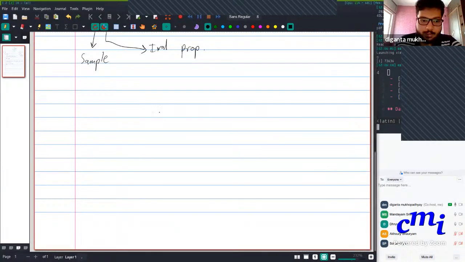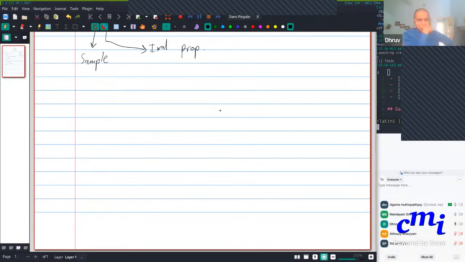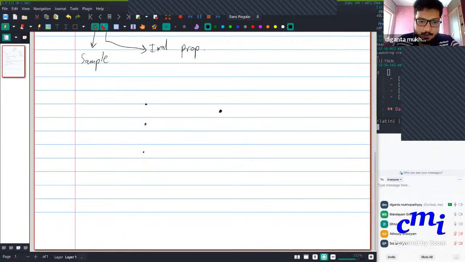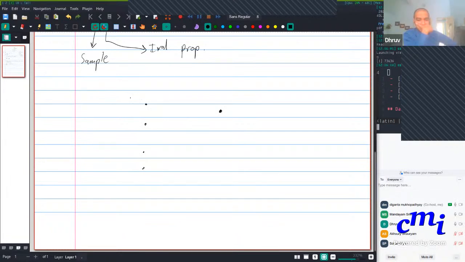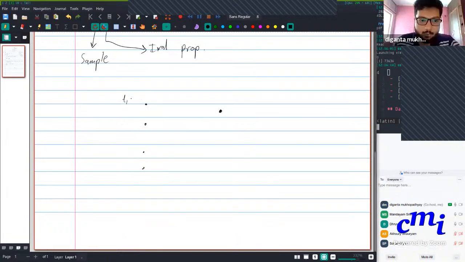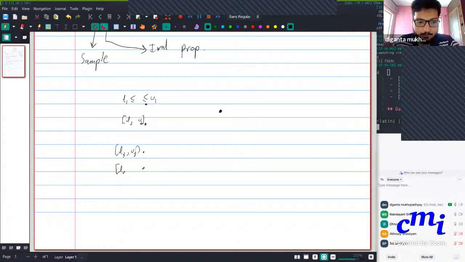Then at any point, let's say you've done the interval propagation up to the previous layer, and you now want to do it for the next layer. You have a node in your next layer and a bunch of nodes in your previous layer, and you know intervals for these. So L1 is less than the value of this node, which is less than U1. You have L2, U2, L3, U3, and L4, U4.